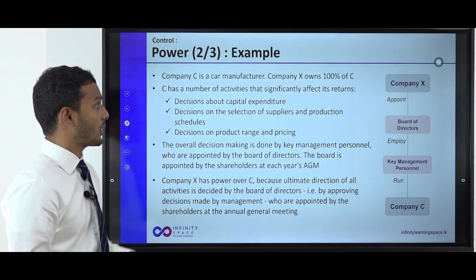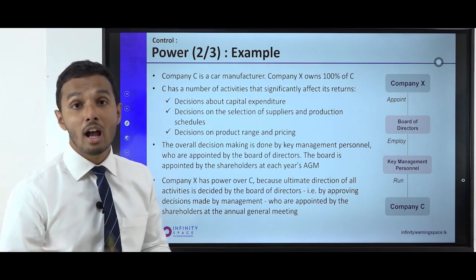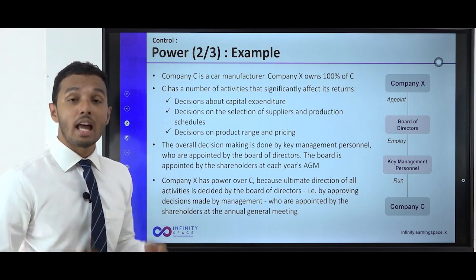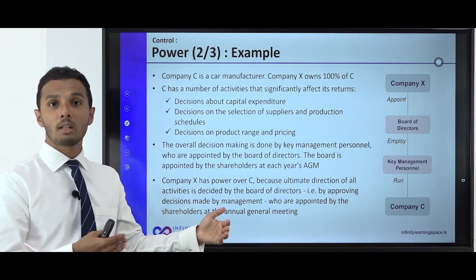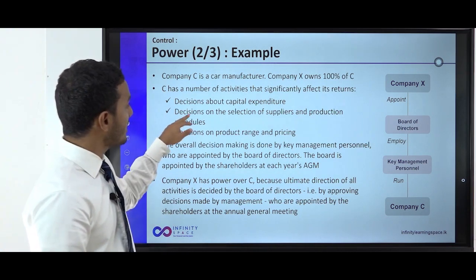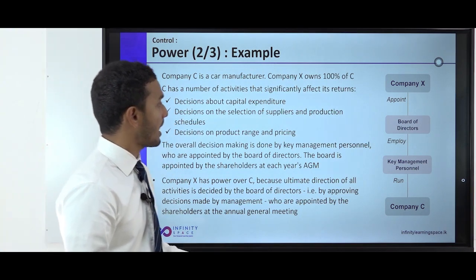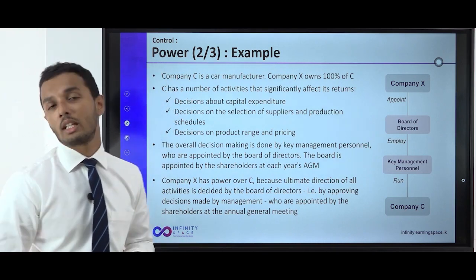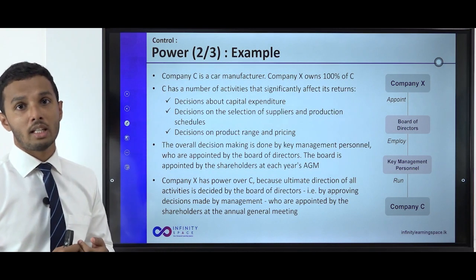Now this is a car manufacturer, so he has to make decisions like how many factories to have, what should be the capacity of those factories, and are we going to have an automated production process or is it going to be a more manual process. Then decisions on the selection of suppliers and production schedules. So we have to decide from where are we going to get our raw material, who are our suppliers, right?